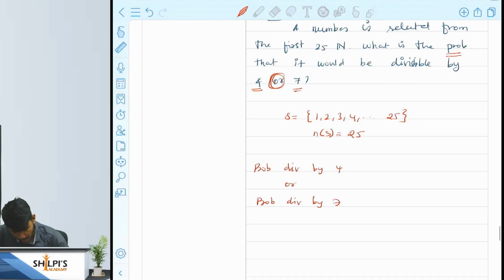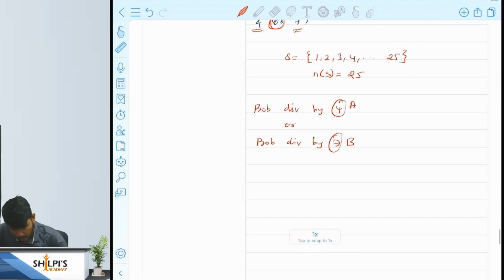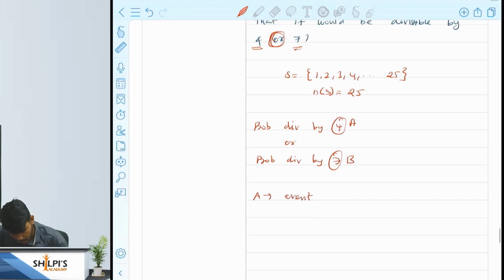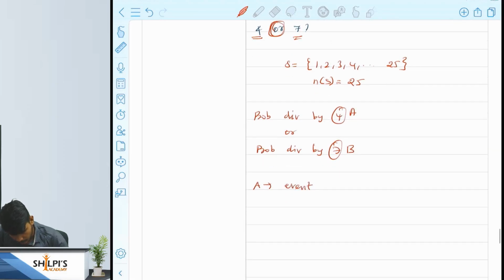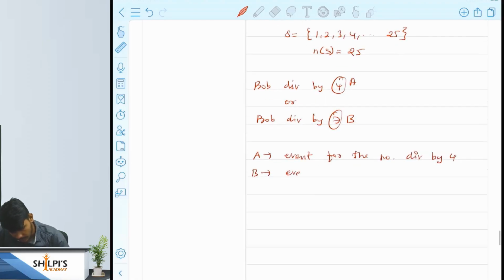So here I am having two events, A and B. I am taking A as an event for the numbers that are divisible by 4. Similarly, I am taking B as an event for the numbers that are divisible by 7.